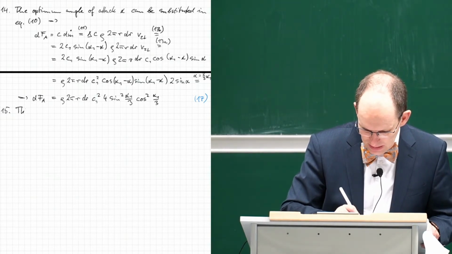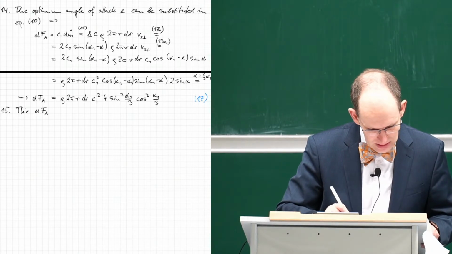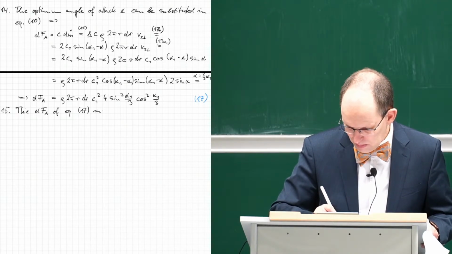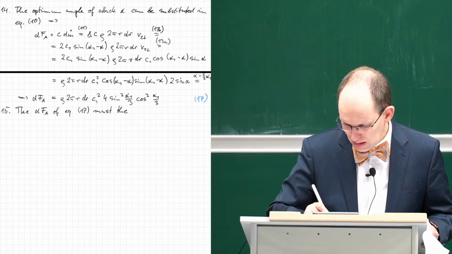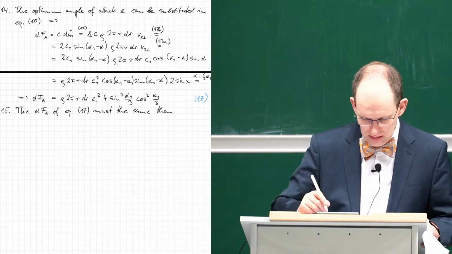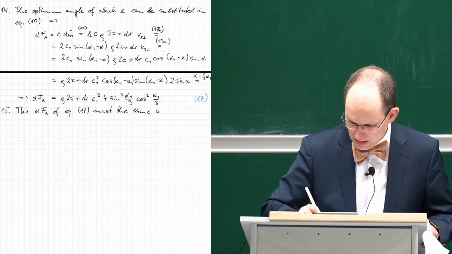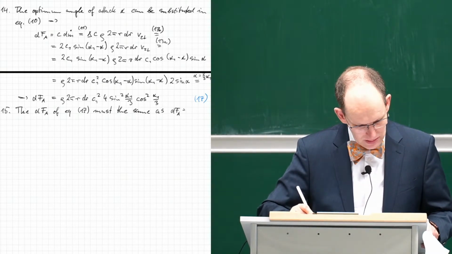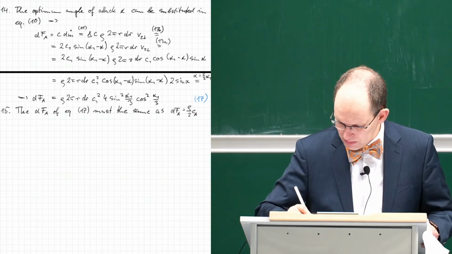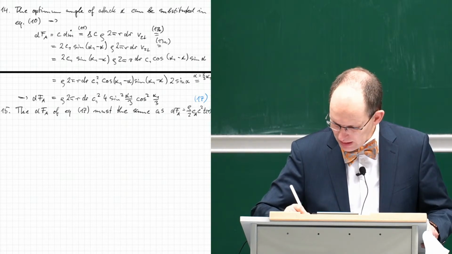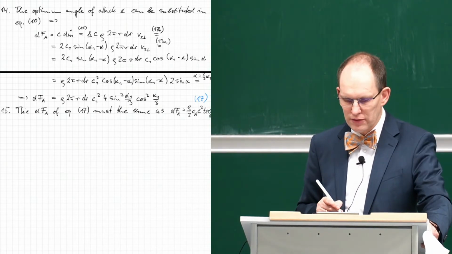So the dFA of equation 17 must be the same as dFA equals rho/2 times lift coefficient times c squared times chord length times dr, the length of the blade element.